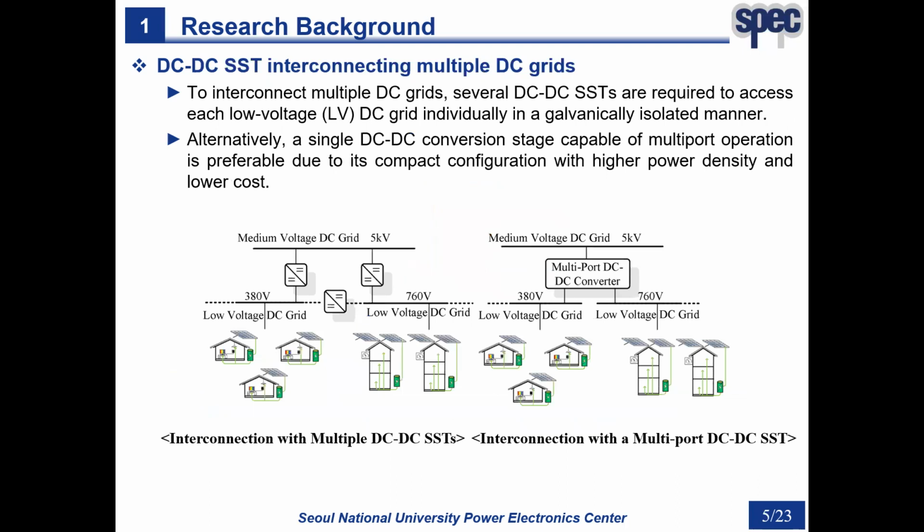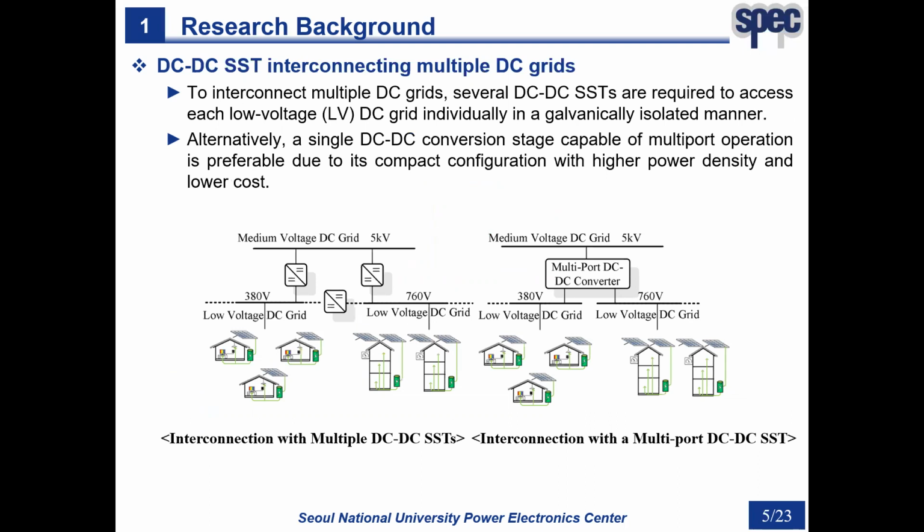Here is an example of DC-DC SSTs interconnecting multiple DC grids. Consider there is an urban MVDC distribution grid with 2 independent LVDC distribution grids with different nominal voltages.